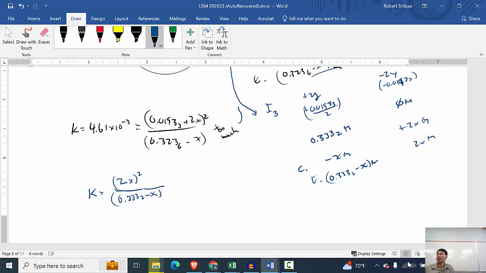If you need to get this into quadratic form, which would you rather solve? Obviously, the second one, right? It's going to be a lot easier. So we can set that equal to 4.61 times 10 to the minus 3, and then we can get this into quadratic form. Then we can use our calculator to do it.